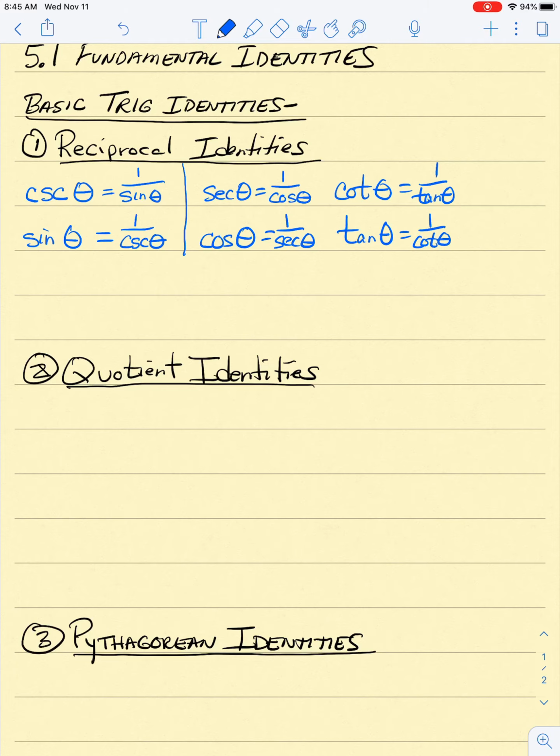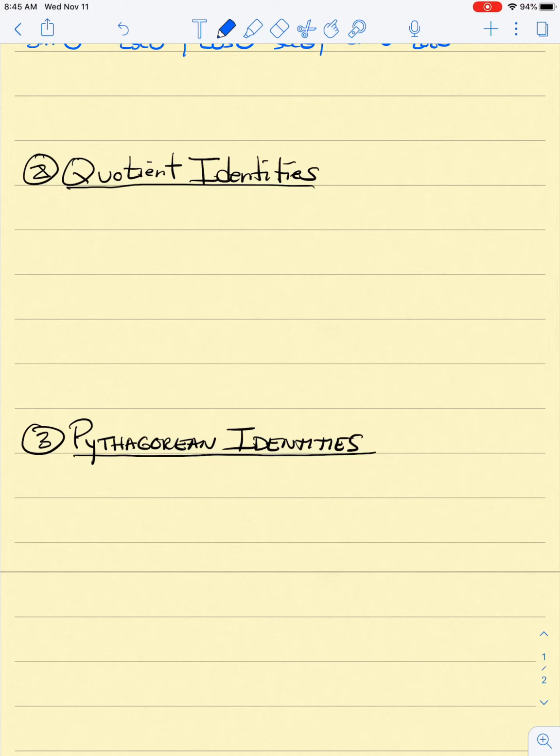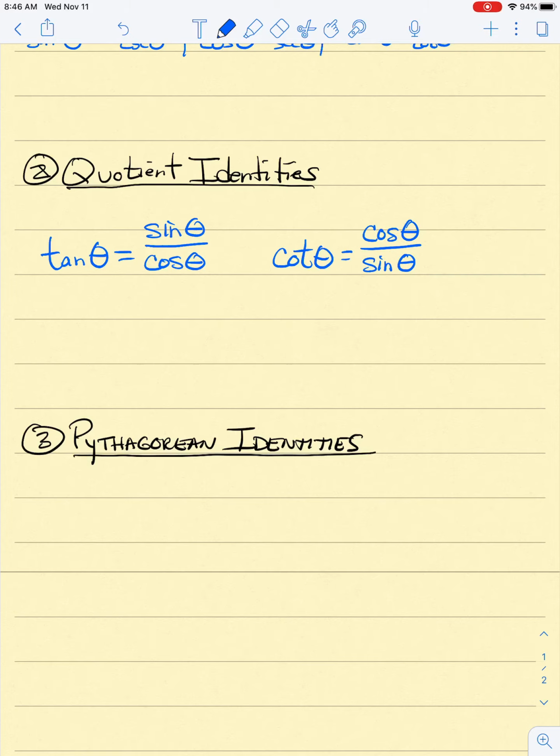All right, next up, quotient identities. We'll start with tangent of theta. You have to think about what you know the tan to be. Well, we've been talking about it as sine theta over cosine theta, most recently when we did our trig graphs. Cotangent of theta is going to be cosine theta over sine theta.